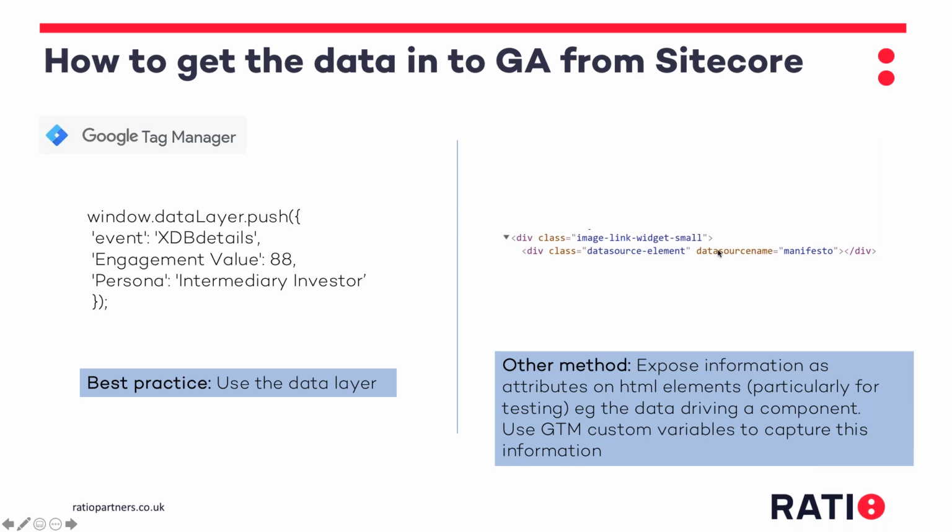So in this case, we might have an element or a component that's image link widget small. That might be the name of the component. And here we are in the HTML recording the fact that the data source name for that component is manifesto. And then within Google Tag Manager, we can do some configuration to read a data source name where it appears and record that in Google Analytics.